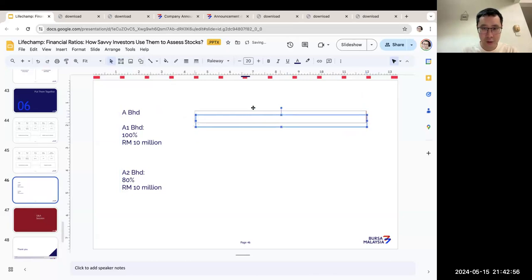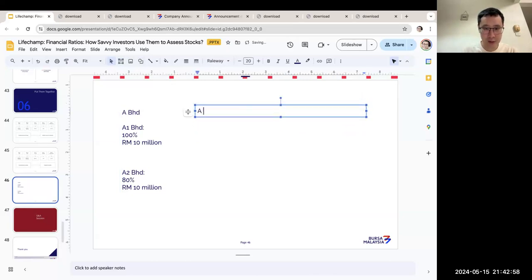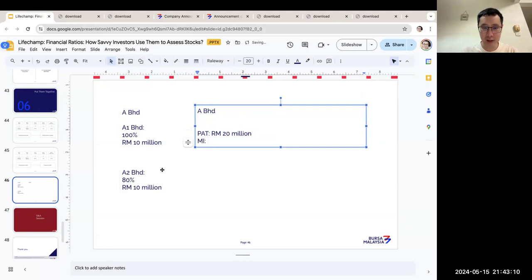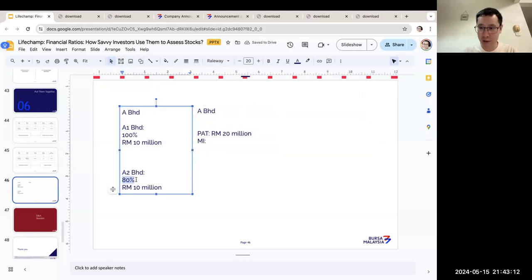So for the accounts of A Berhad, we will have profit after tax, which is 20 million. But then we have a minority interest. The minority interest is the 20% that A Berhad does not own. So for A2 Berhad, my share is 8 million, not the 10 million.